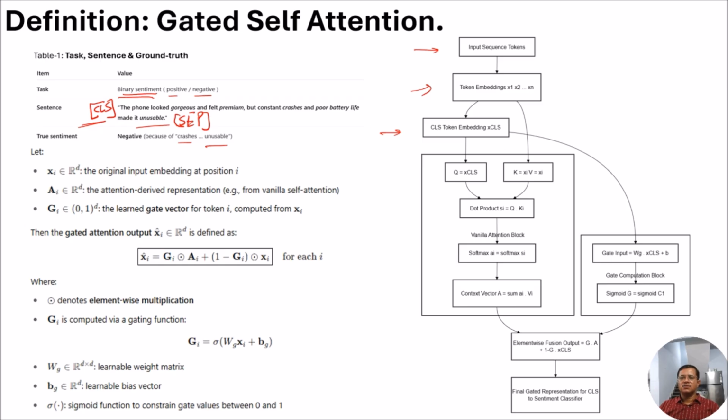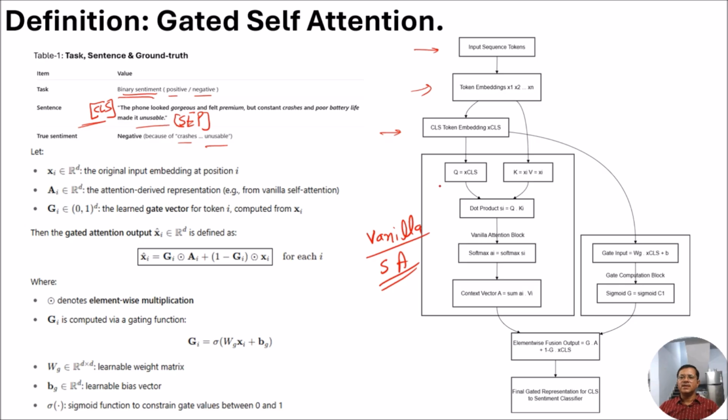Once we have all those available, we will apply the simple process to compute the vanilla self-attentions. This process is very simple. How to calculate the vanilla self-attentions for any given data? You can watch my previous tutorials.